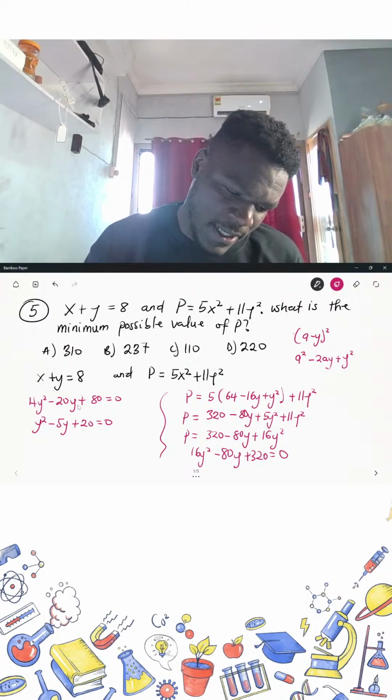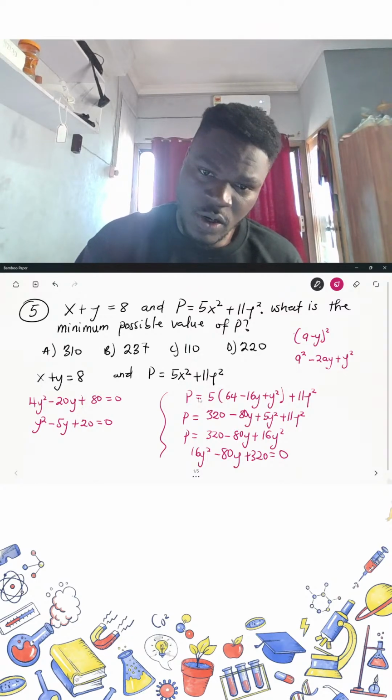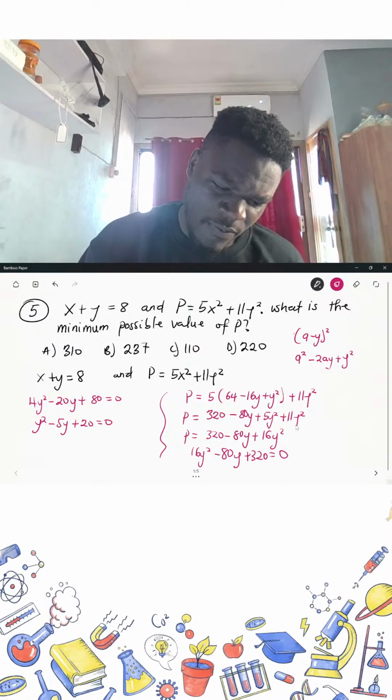So I'm trying to get what your people did. So they got the 320 plus 5y squared minus 80y plus 11y squared. Okay, they got that point. And then from there, they have 4y minus 10 all squared plus 220.